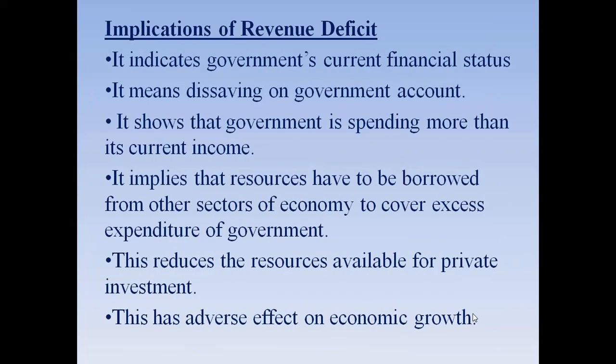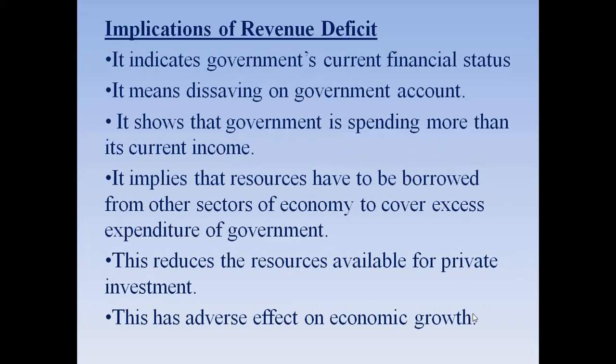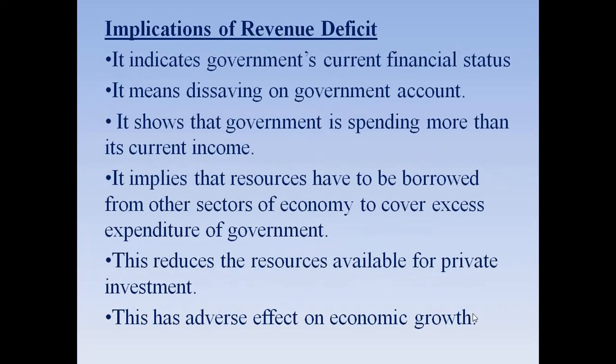Now, what are the implications of revenue deficit? I have already briefly mentioned that the revenue deficit indicates the government's current financial status, that is, expenditure is more than the income. And the implication of fiscal deficit is that the government's total expenditure is more than its income, whereas in the capital receipts, the borrowings must be excluded.